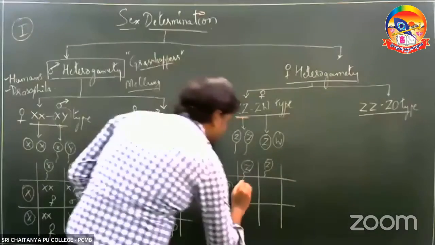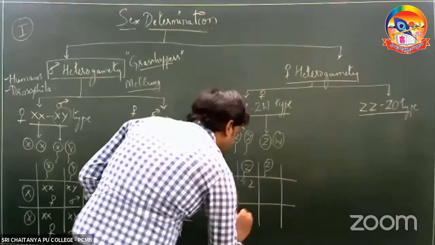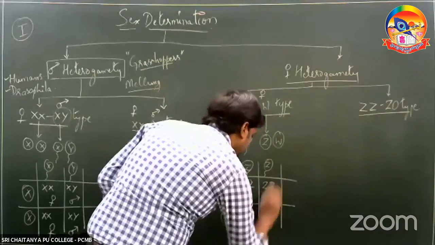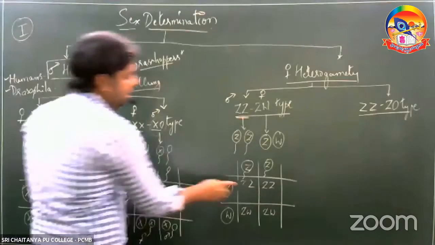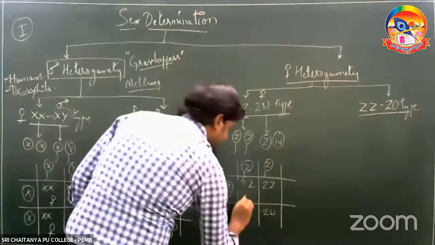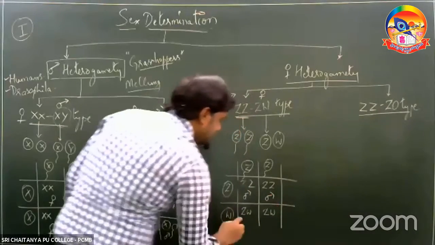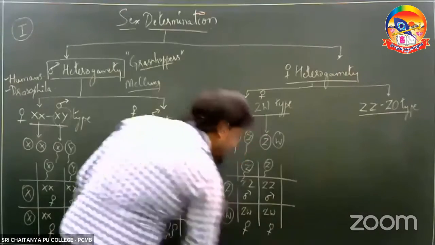So when we make the cross, this would be ZZ, and this would be ZW, this would be ZZ, and this would be again ZW. When we talk about the sex, ZZ we know is a male individual, ZZ again a male individual, ZW would be female, and ZW would be female, right?